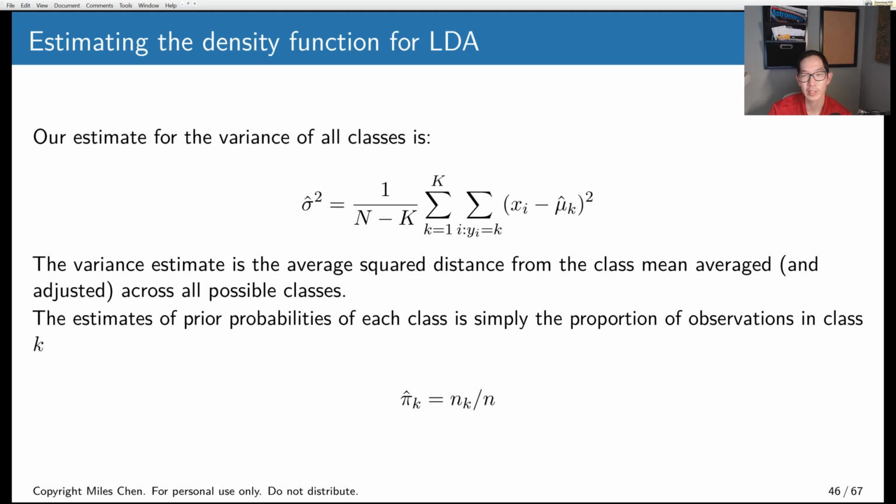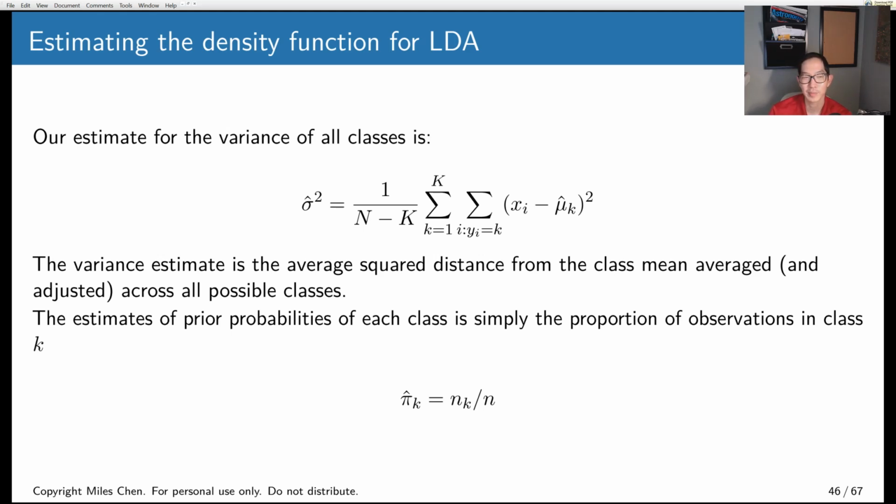The variance of all of these classes is basically going to be the average squared distance from the class mean, averaged across all of the possible classes. So you say, all right, here is class 1. Let's get the mean there. All right, here's class 2. Let's get the mean, basically the variance there. And you're going to get all of these different variance values for the different classes.